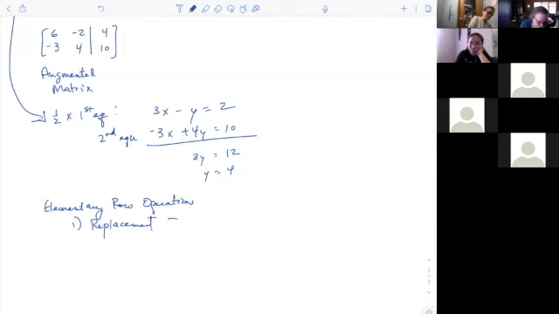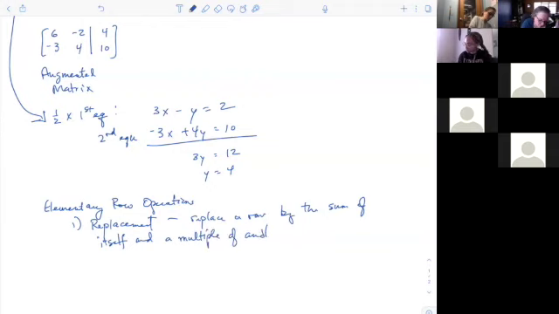So one of these operations is called replacement. It means to replace a row by the sum of itself and a multiple of another row. If you look up here at what we just did, that's exactly what we did.